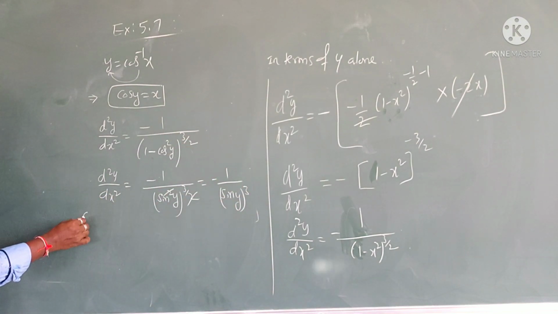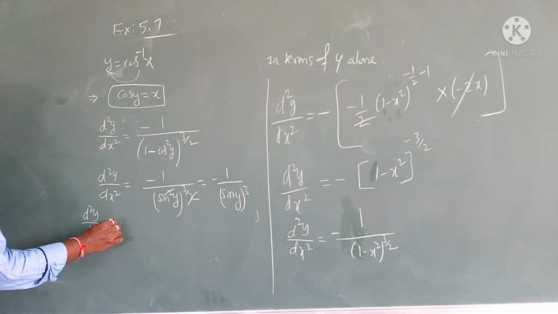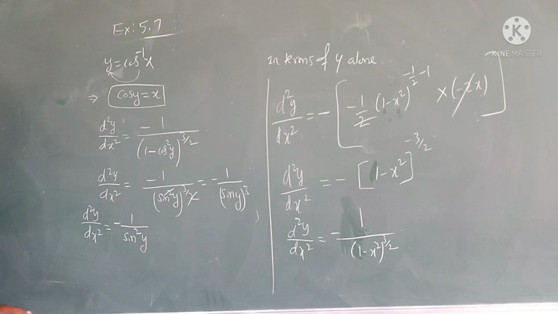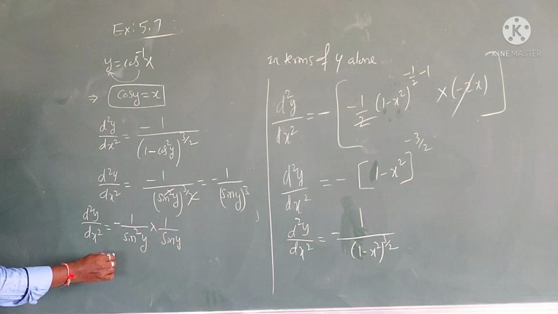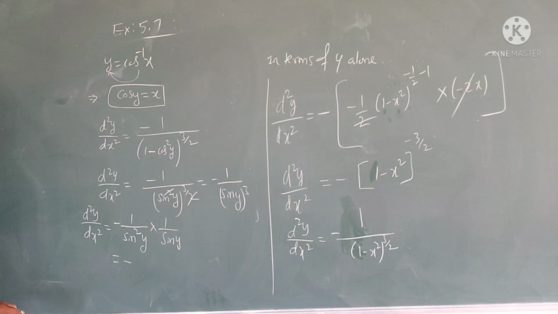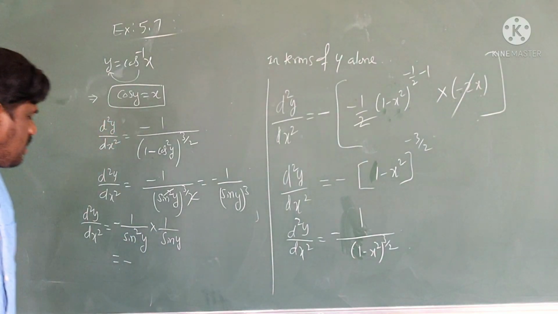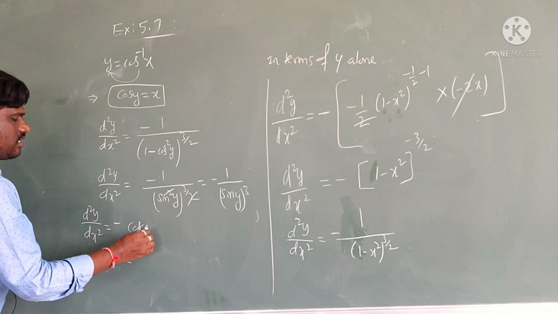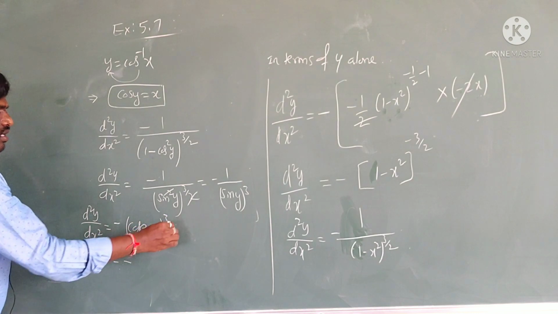So this is your answer. If you still want to write it, d2y by dx square is equal to minus 1 upon sine square y into 1 upon sine y. So 1 upon sine y you can write as cosecant y, the reciprocal.